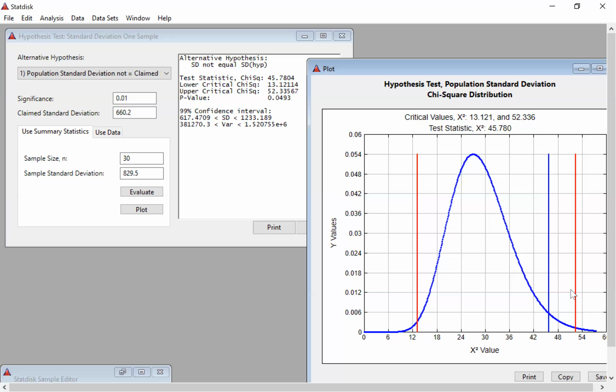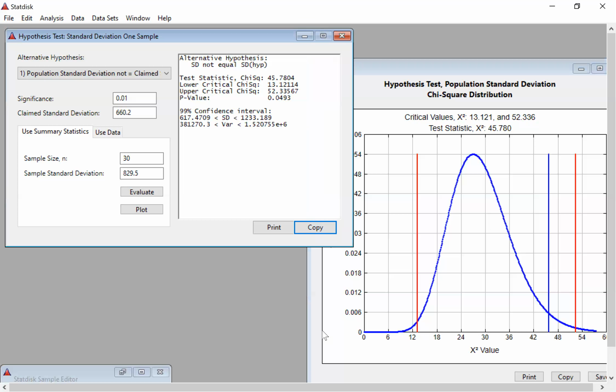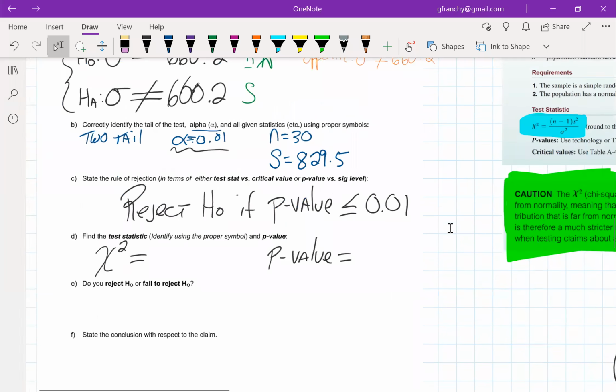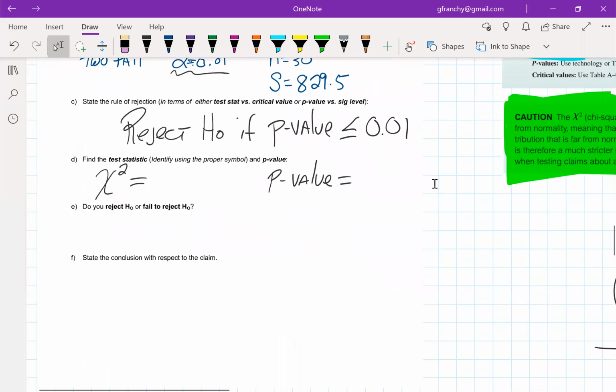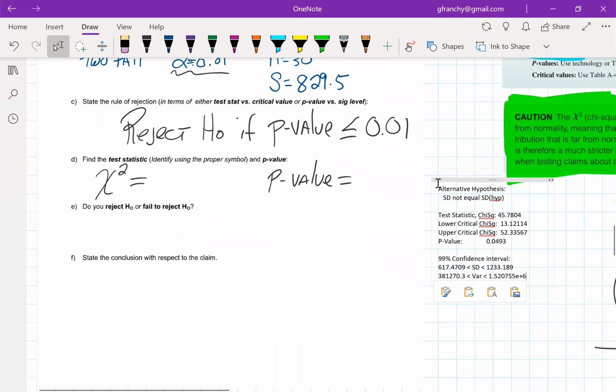Over in the dialog box, I'll just take that information back over to here. So let's see if it'll paste right there for me. Wonderful.